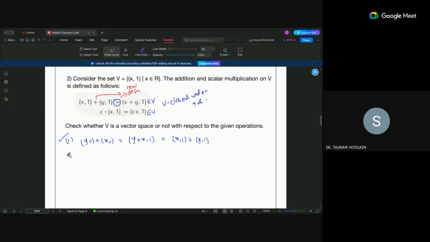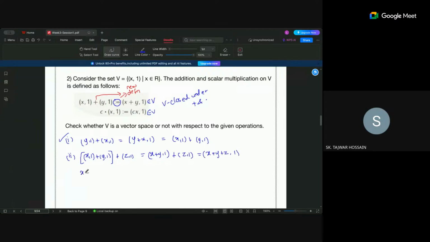What about the second one? The second one is associativity. So I am going to write x comma 1 plus y comma 1, add them up, and then add z comma 1. So it is x plus y comma 1 plus z comma 1, which is x plus y plus z comma 1.